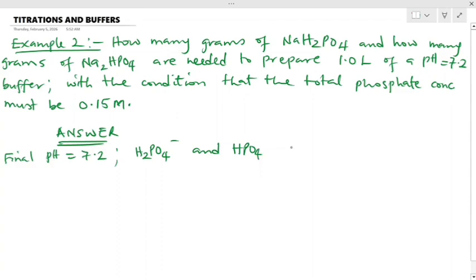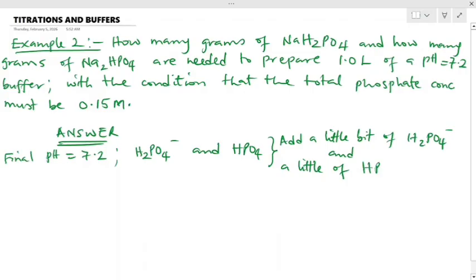That is established. That means for this buffer solution, I'm going to add a little bit of both: a little bit of the H2PO4 minus and a little bit of the HPO4 2 minus. That's how a buffer is going to go.